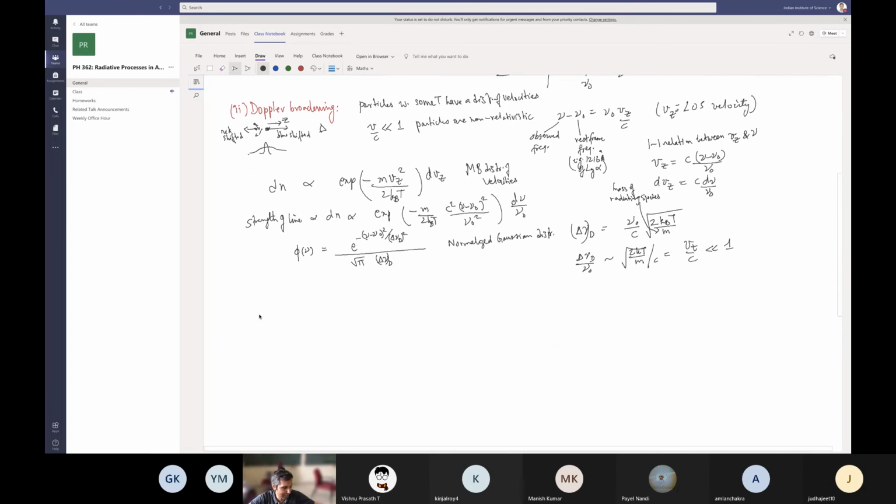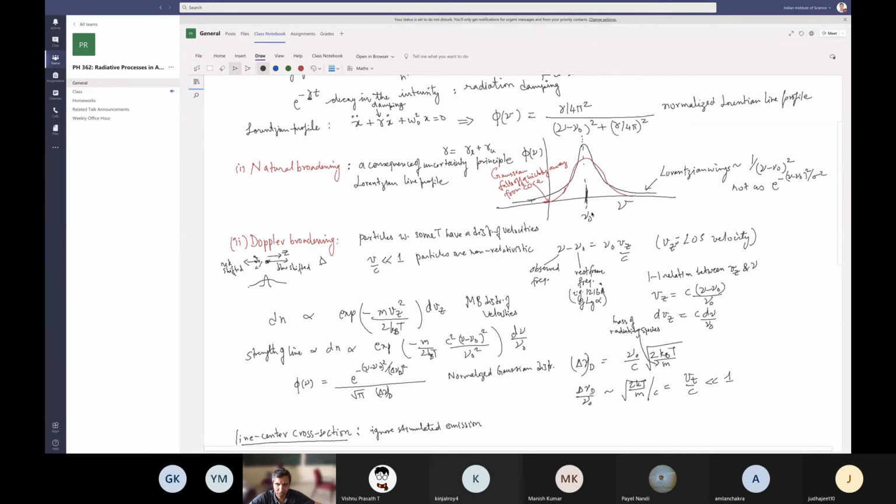What about the cross section? So the line center cross section. We can actually ignore stimulated emission, and what we get is sigma nu naught, the emission or absorption cross section at the center of the line, basically here.